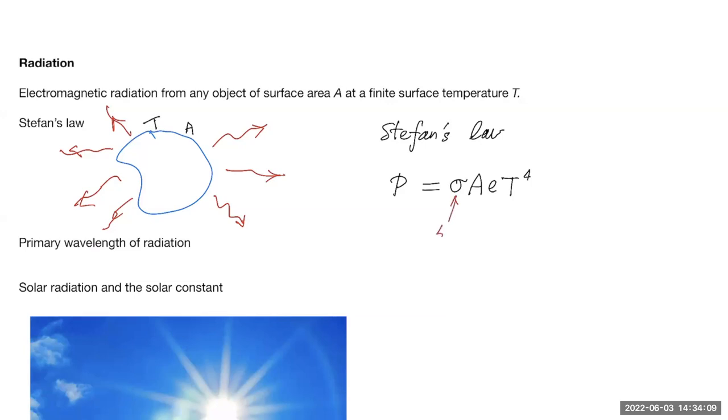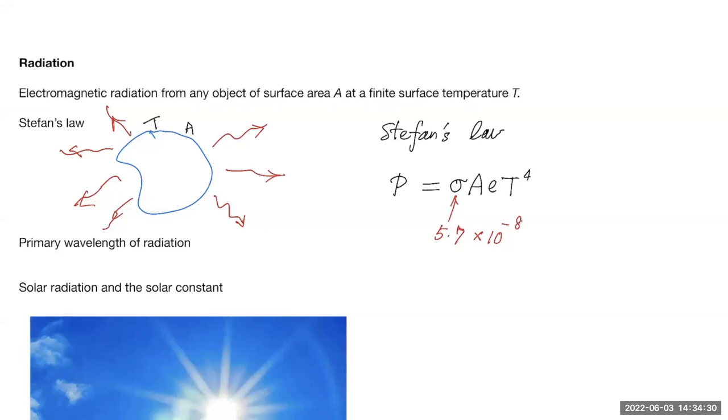I'm going to write that down for you now: about 5.7 to two sig figs, times 10 to the -8 in SI units. So what is the SI unit of this constant?